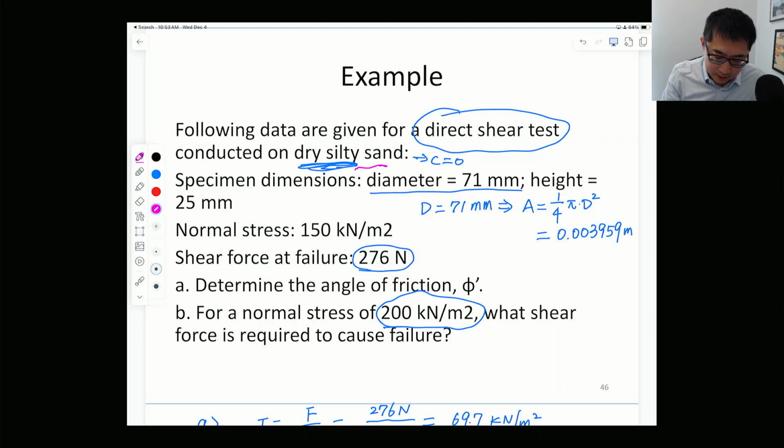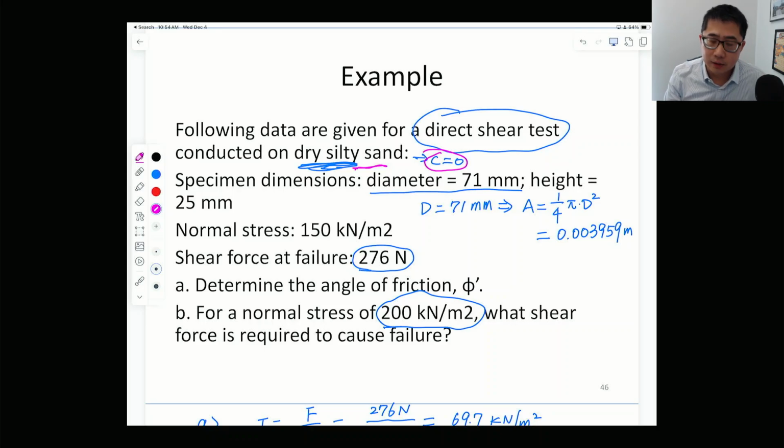Dry silty sand: when it's dry, your cohesion again is going to be 0. It's a dry sand, so your cohesion is going to be very close to, if not, 0.